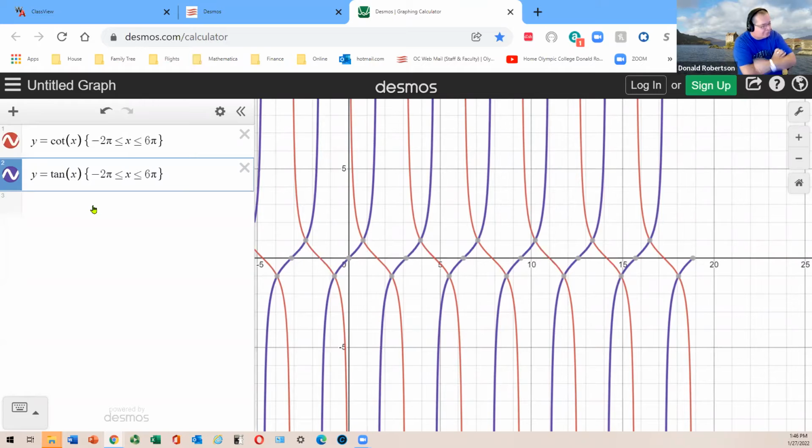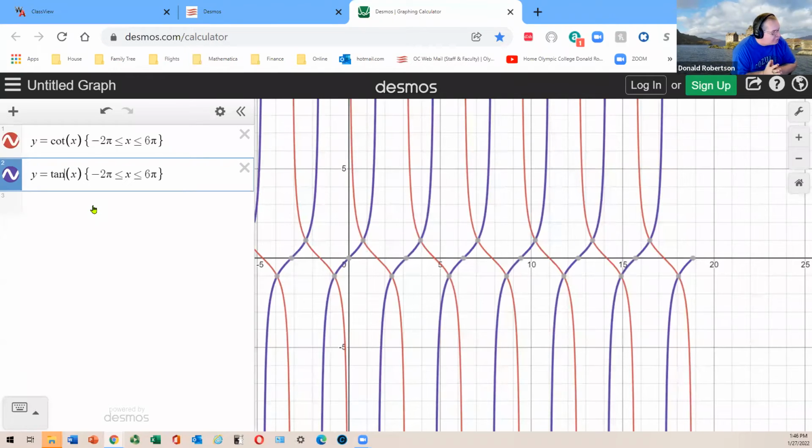Do you see anything going on here? Shape-wise, they look like opposites of each other, like mirror images. They're flipped over vertically, aren't they? Would you have expected that? One's pointing left and the other's pointing right, I guess, is one way of phrasing it.